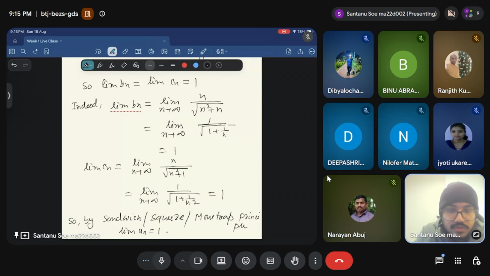Okay, so all this I have discussed, I think, in the second class probably. What is a sandwich theorem or squeeze theorem or mousetrap principle, all the same thing. So by that theorem we can show that the limit of an is 1.